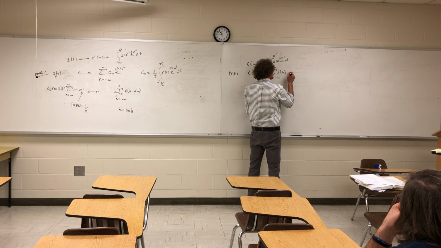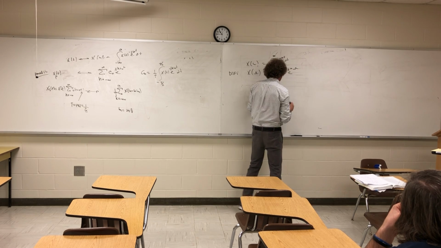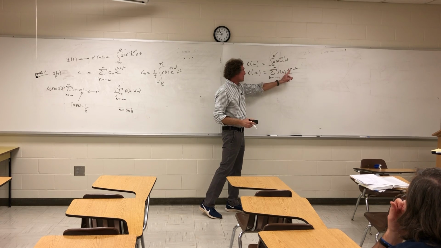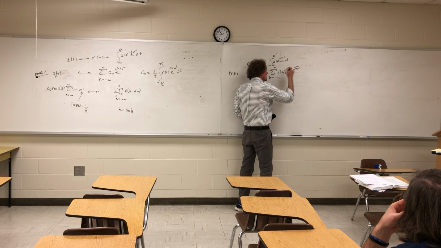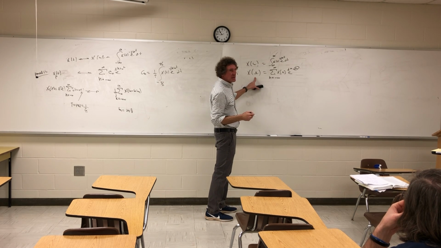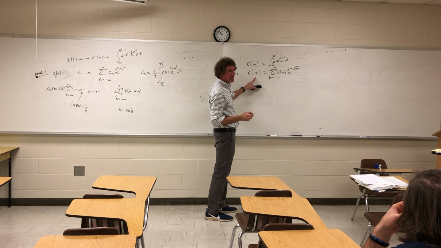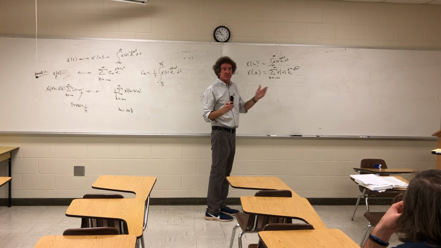And instead of having this, you have e to the minus j n capital omega. Instead of an integral, you have a sum. Instead of small omega, we use capital omega. Here, I've got to tell you one thing. Whatever this is, it repeats itself every 2 pi. That's the one thing about the DTFT you have to know. It repeats itself naturally every 2 pi because it's sampled. Anything you have that's sampled repeats itself.